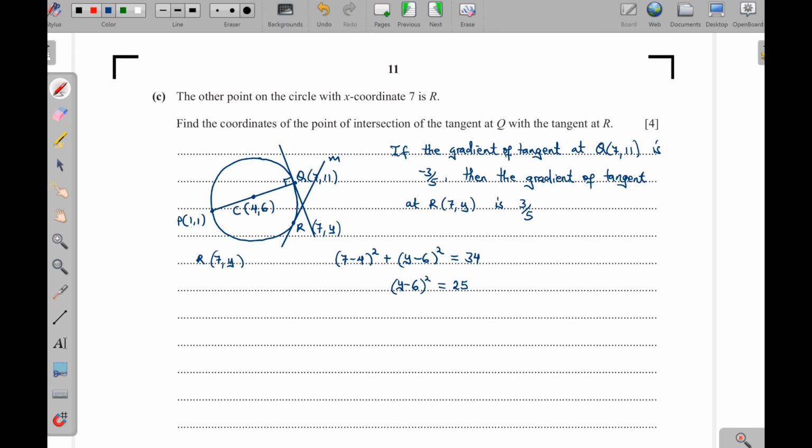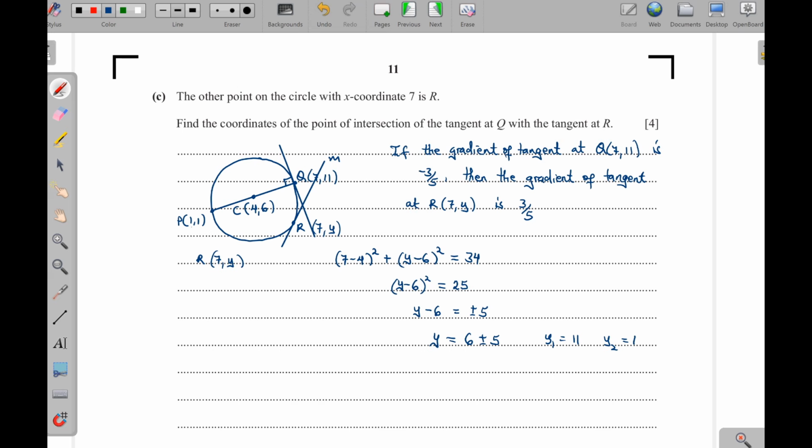Not so? 25. Then take the square root. When you take the square root, we shall have y minus 6 equal to plus or minus 5. So take the 6 this side. y will be equal to 6, then plus or minus 5. So y1 here is 11 when you get 6 plus the 5. And then y2 will be equal to 6 minus 5.